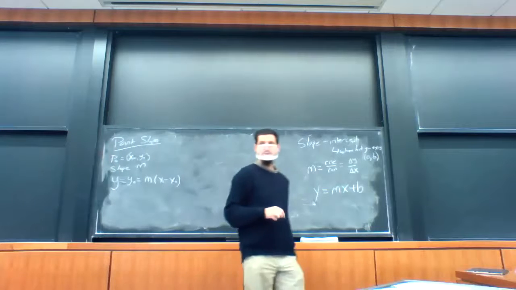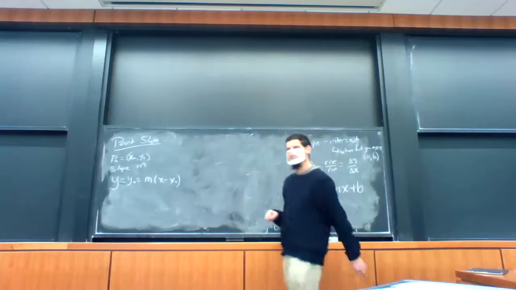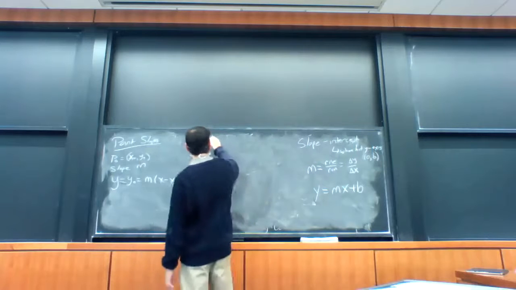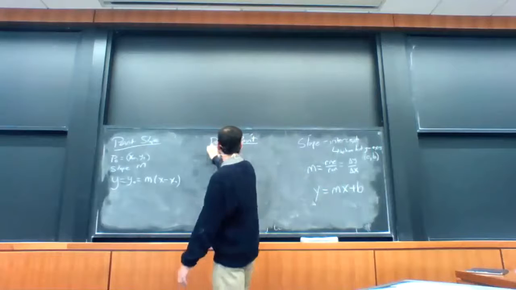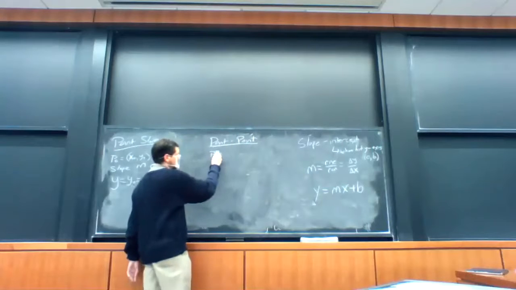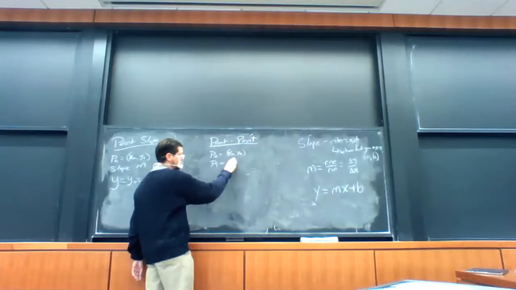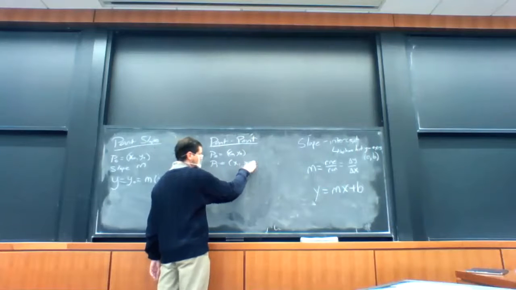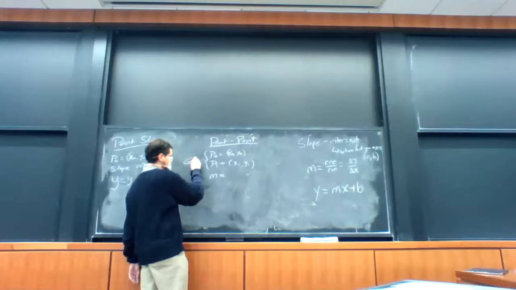And what's the last one? One more. Two point. For two point, I give you P naught is (x naught, y naught) and P1 is (x1, y1). These are the givens.